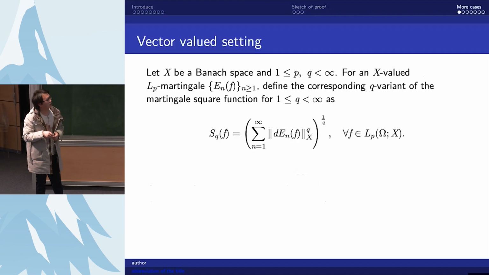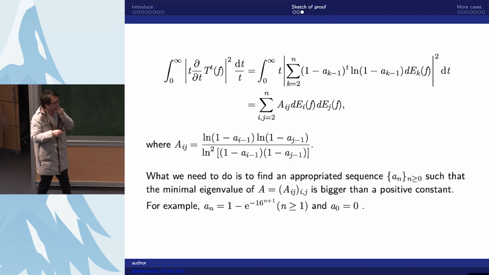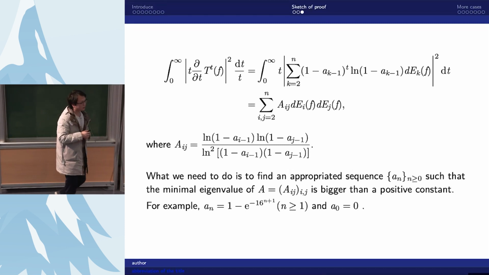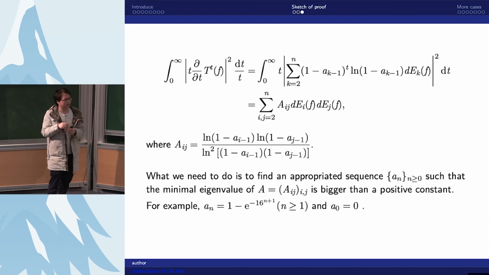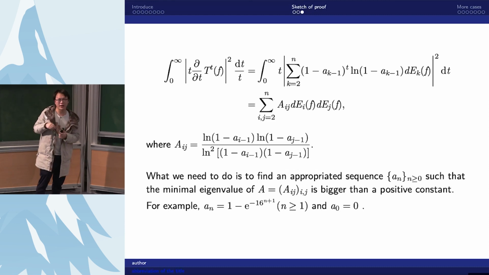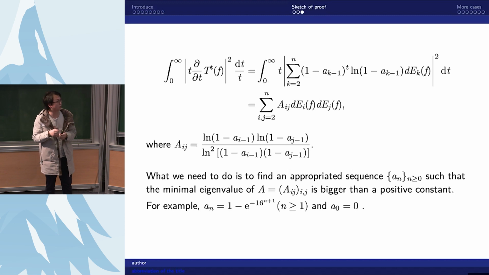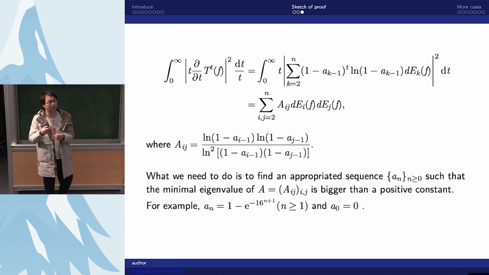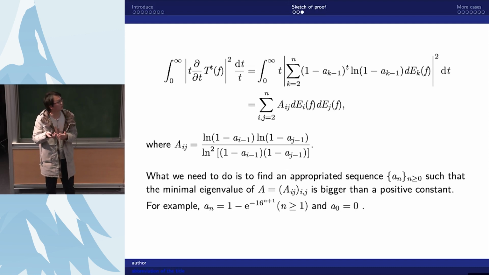We get the desired result. And this pointwise equivalence can also be extended to the vector valued case and the non-commutative case, if we can well define vector valued martingales and non-commutative martingales.